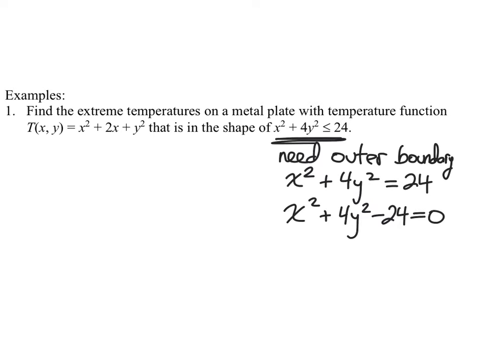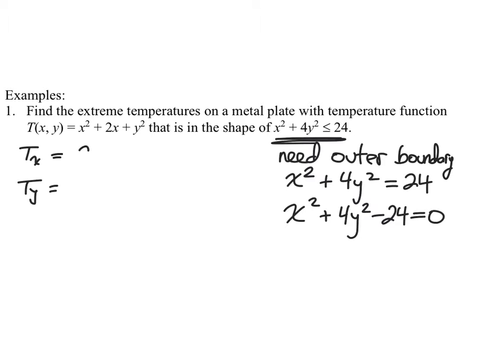All right. Now they gave us a T of x, y. The Lagrange multiplier rule talks about f of x comma y, but we can make that work. So I'm going to need my partials with respect to x and y. So very easy to do.